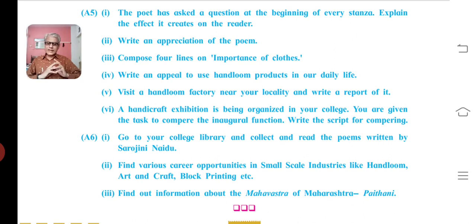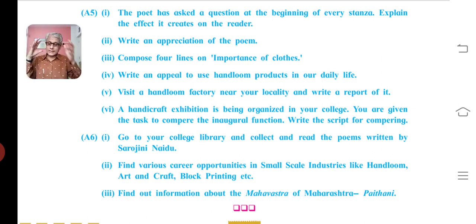The three stanzas in the poem highlight the three stages of human life itself, like birth, that is childhood, adulthood, that is the young age, and death, that is the old age. These three stages of man's life are symbolized through the weavers' creations in this poem.